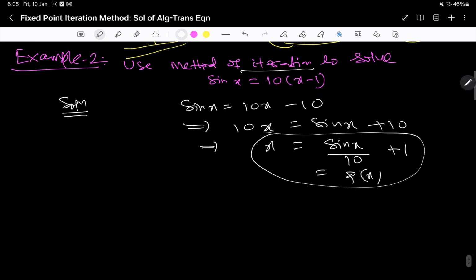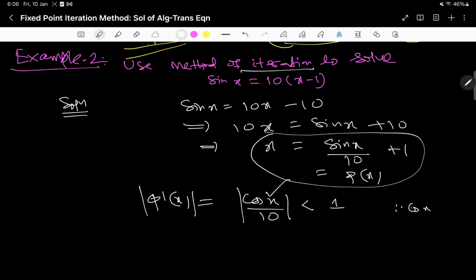Now what will happen to phi dash x? Let us check. The derivative of sin x by 10 is cos x by 10. What is the absolute value? Since the absolute value of cos x is less than 1, this is less than 1 by 10, so it is less than 1 always.